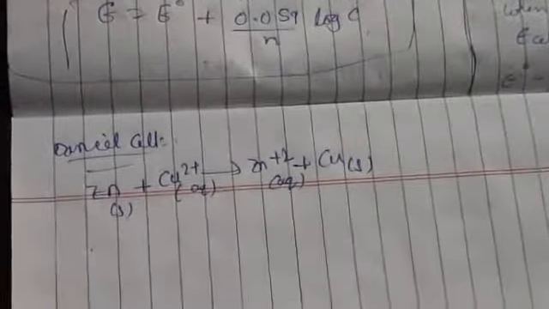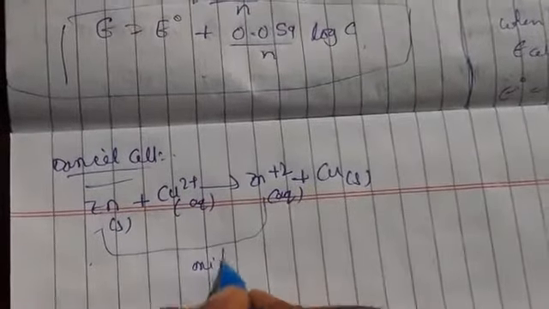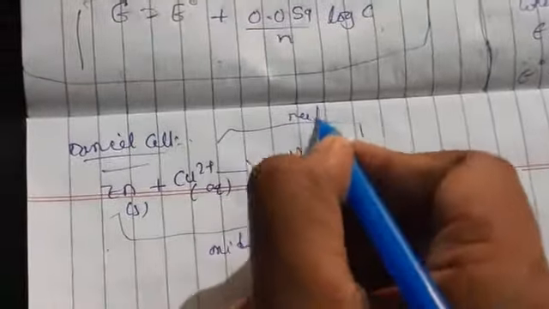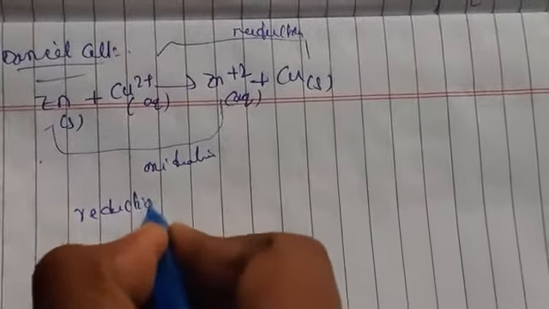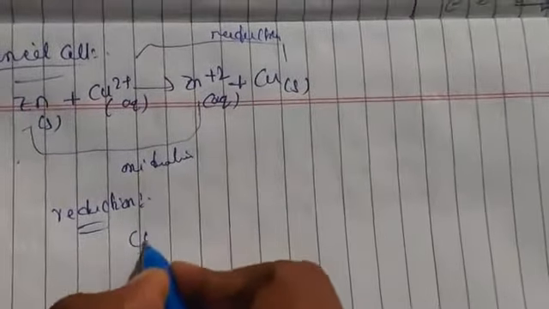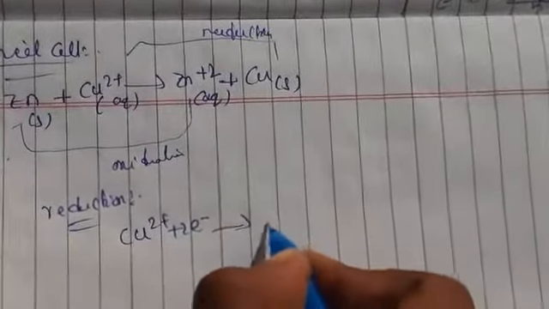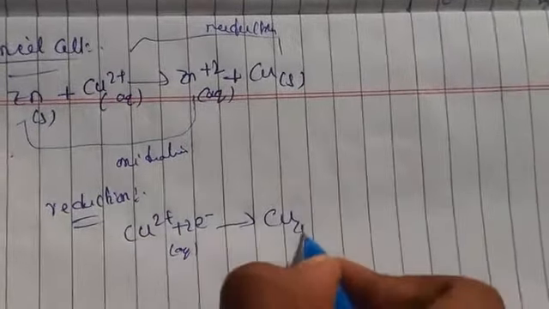Now this Zn will undergo an oxidation reaction and Cu2+ will undergo reduction, as we have seen in the previous class on the galvanic cell. Now let us write the reduction reaction. What is the reduction reaction here? Cu2+ plus 2 electrons gives rise to Cu in aqueous solution.